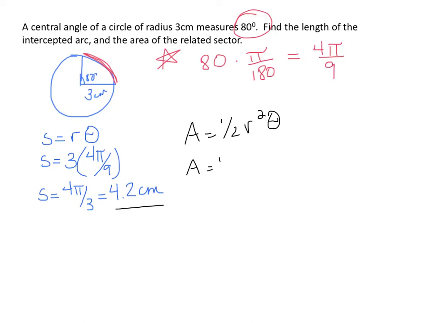So that's 1/2 times 3 squared times 4 pi over 9. Those will cancel. This will cancel. And my area is equal to 2 pi. Units on that is square centimeters. I will accept area either in terms of pi or as a decimal. Either way is usually okay with me.